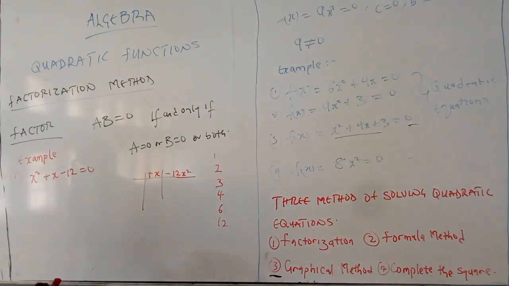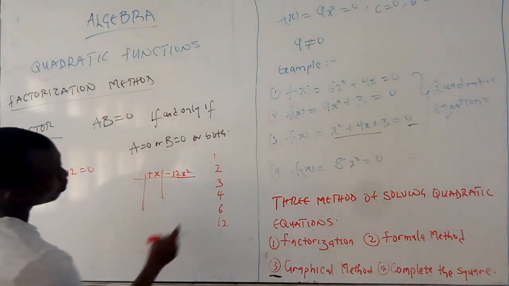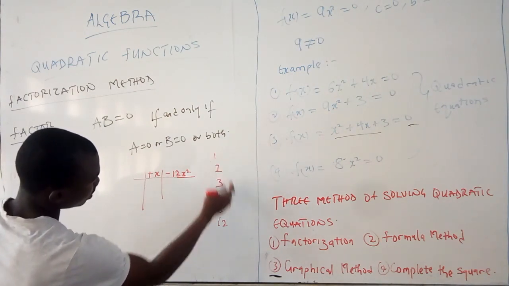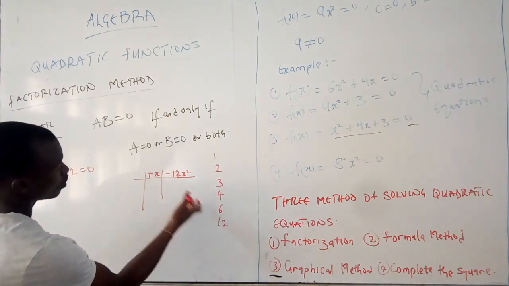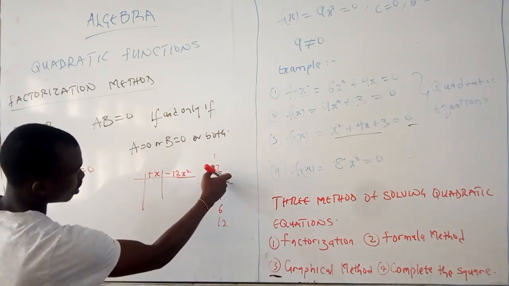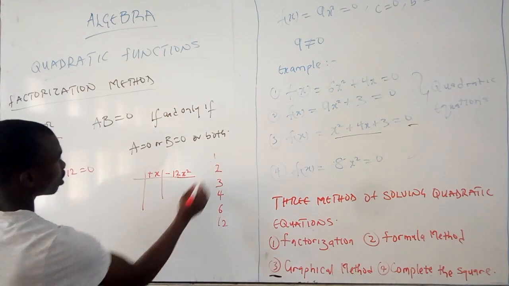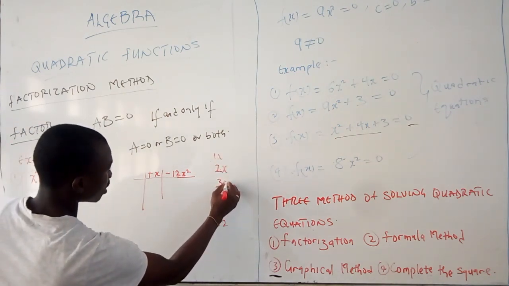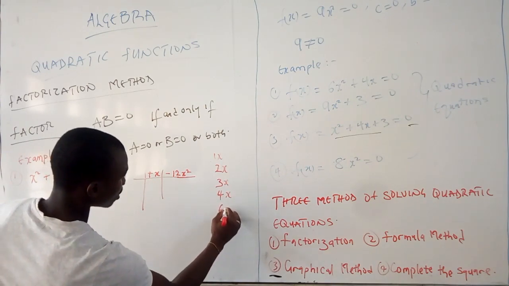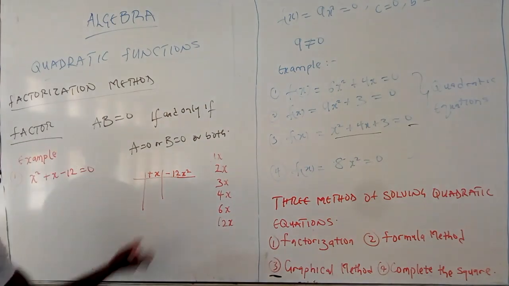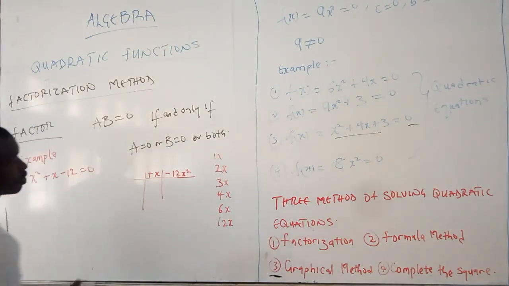So 1 and 12 give 12, 2 and 6 give 12, 3 and 4 give 12. So you can say 1x, 2x, 3x, 4x, 6x, and 12x. When you multiply these, you have 12x squared.